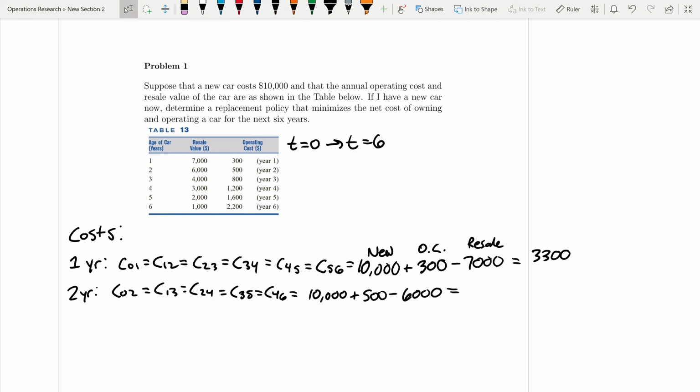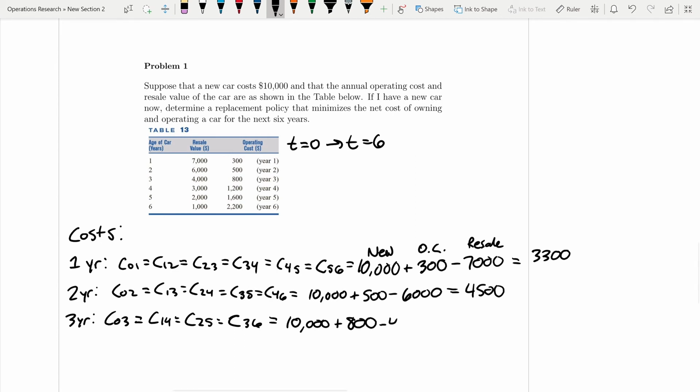And that's going to be a total of $4,500. For 3 years, we've got year 0 to year 3, year 1 to 4, year 2 to 5, or year 3 to 6. So again, 10,000 plus that $800 for the operating cost, minus 4,000 for resale. And that's going to give us a cost of 6,800 here.